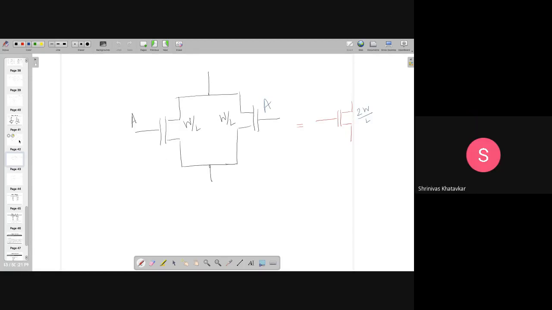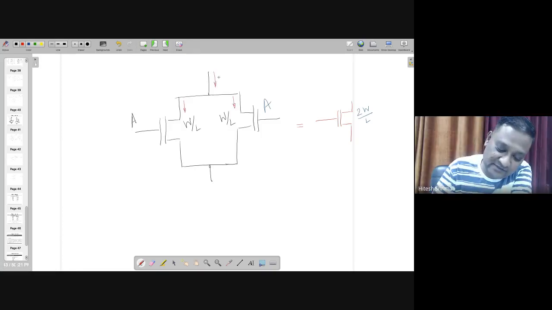We write the current equations, we can take all the other things in common. Very nice. So you are saying that if this is I, this is I by 2, this is I by 2, for equal value of W by L. In that case, to get that I by 2, this width needs to be doubled, right?